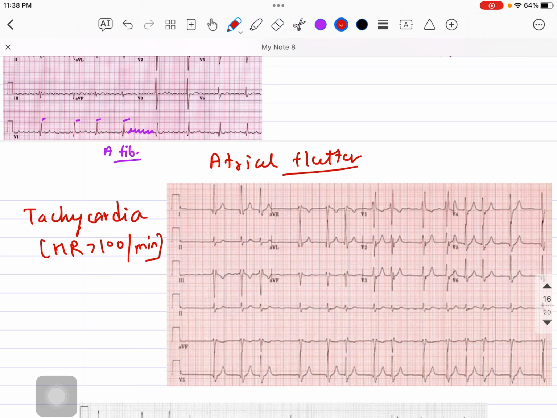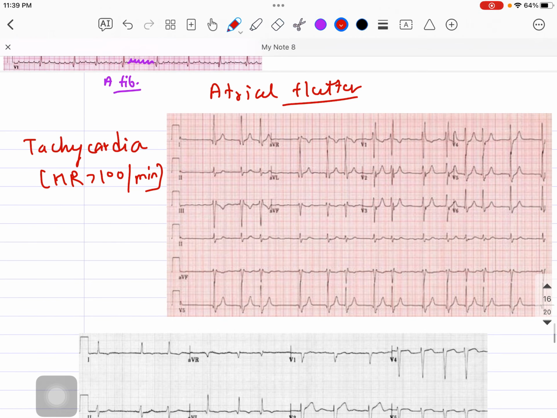Over here usually, the RR interval is regular, right? If you compare the atrial flutter with the fibrillation, atrial flutter usually has the regular rhythm as compared to atrial fibrillation. Atrial fibrillation patients do not have the regular rhythm, right?